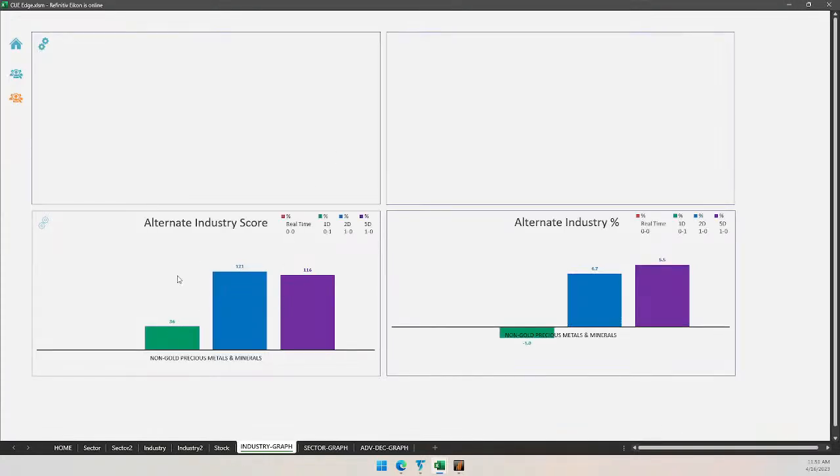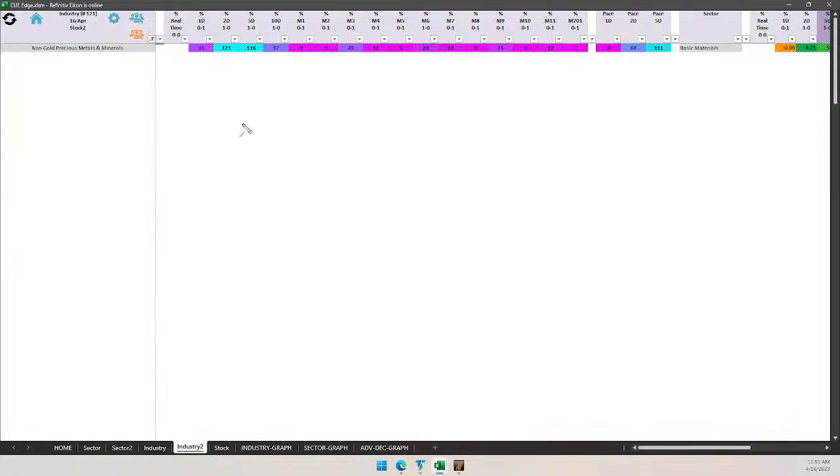Okay, I got it. Non-gold, precious metals and minerals industry. The score came down and it is showing very much deceleration, bottom 20% of pace score.